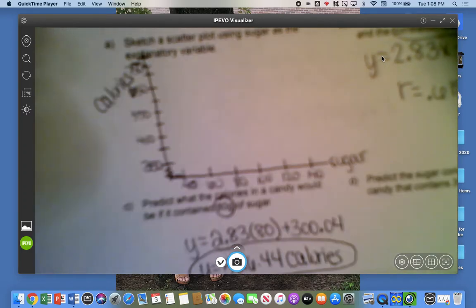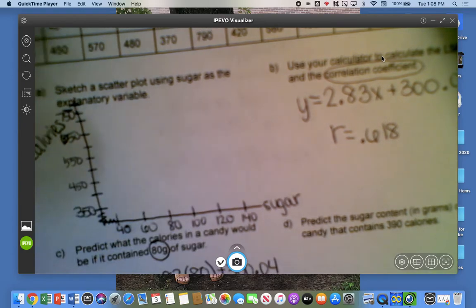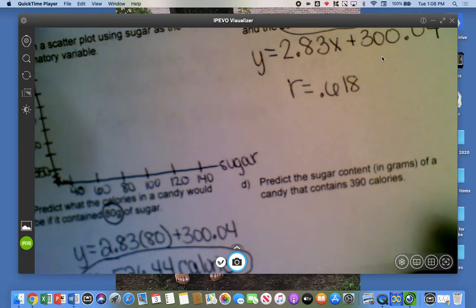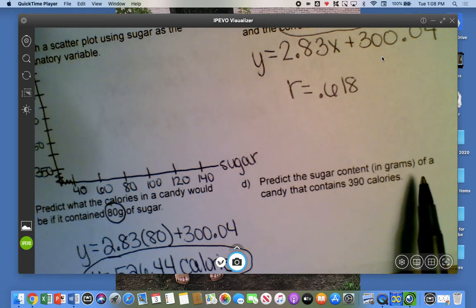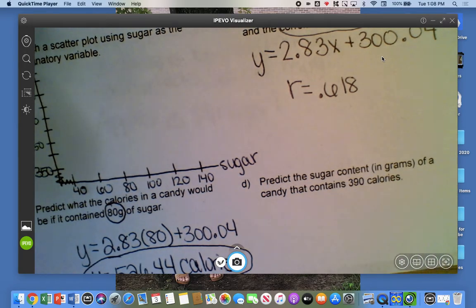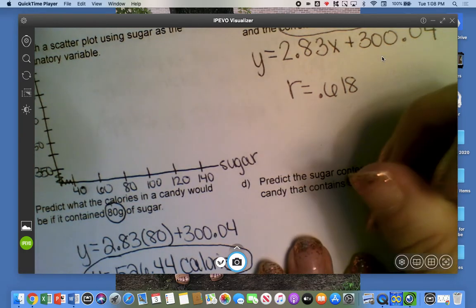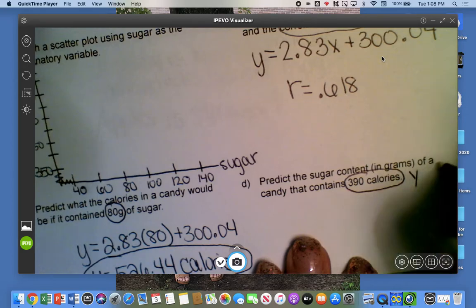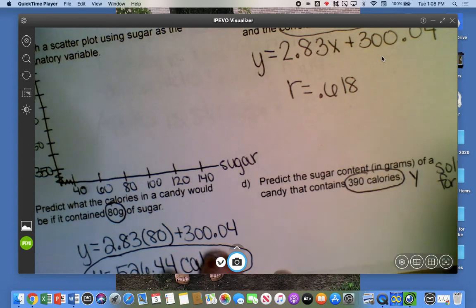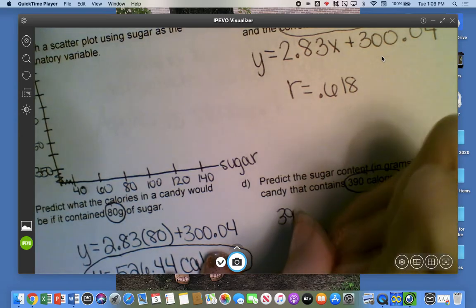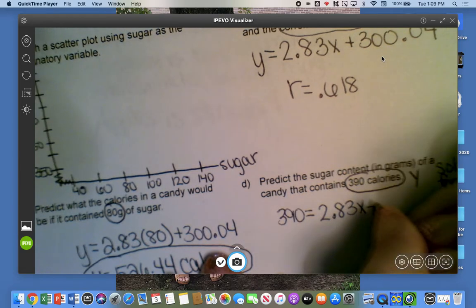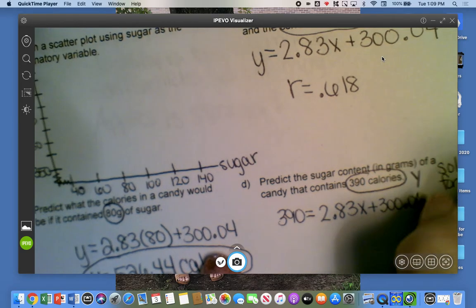All right, now for the next part. It says predict the sugar content in grams of a candy that contains 390 calories. So where does this go in our equation? All right, that goes in for the y, and then we're going to solve for x. So this time we have 390 equals 2.83x plus 300.04.